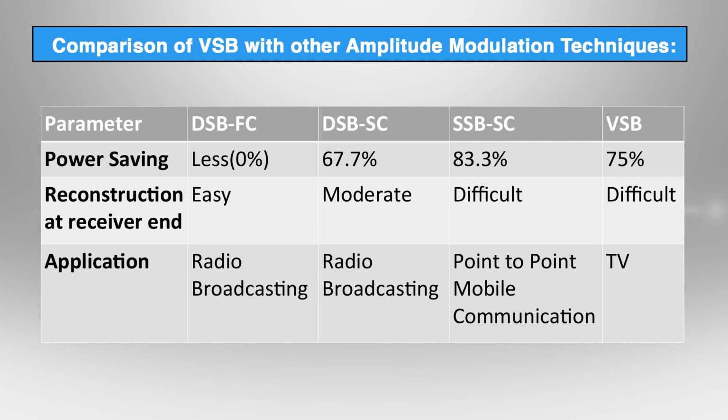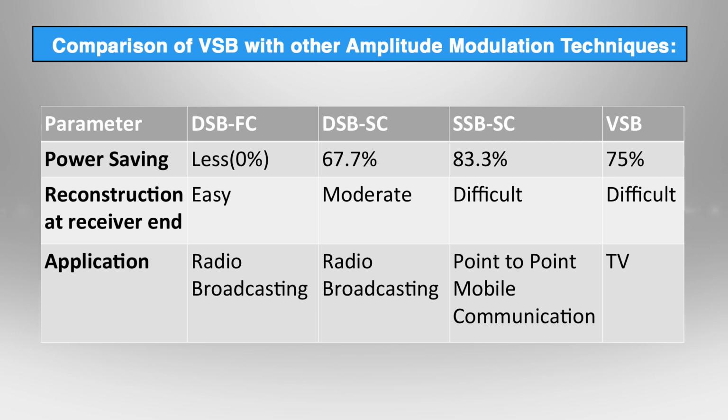Reconstruction at the receiver end of double sideband suppressed carrier is moderate, in the case of single sideband suppressed carrier reconstruction at the receiver end is very difficult, and in the VSB case, reconstruction at the receiver end is also very difficult. So, from the reconstruction point of view, we can say that DSB-FC signal reconstruction at the receiver end is very easy.